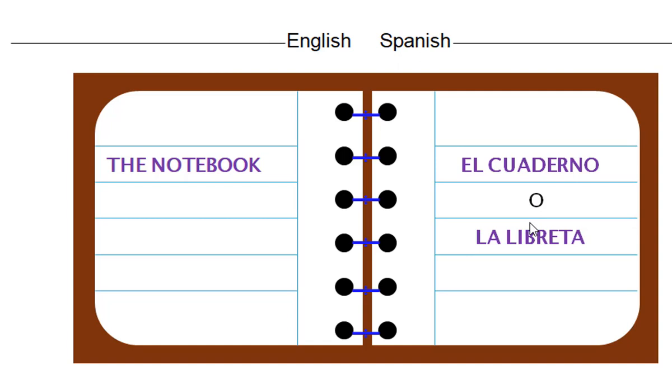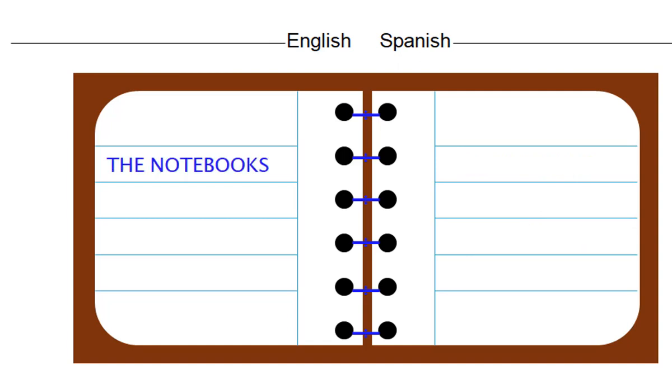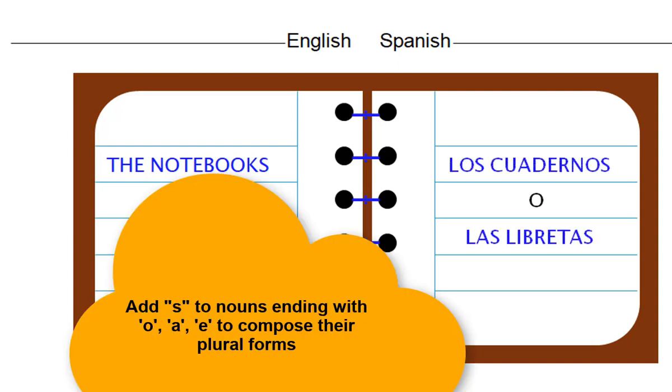Okay, moving on to the next example, the notebooks. We talked about masculine, feminine, singular forms. Now we want to talk about the plural forms. We want to say the notebooks. So we know the terms cuaderno, libreta. And since we are talking about multiple objects over here, we'll add s to the end of both the words.